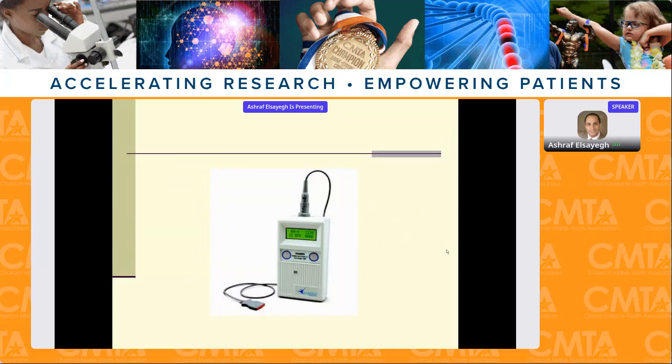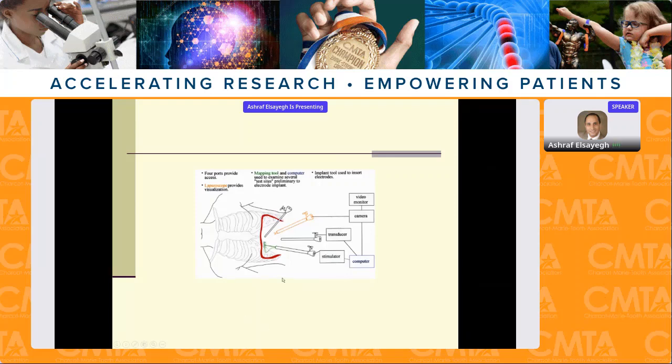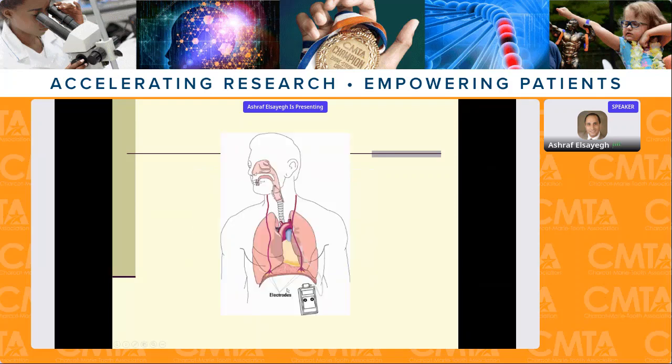This is what it looks like, and I'm going to fly through these slides just for sake of time. Basically, it's an external device that has this little thing here that hooks on to the patient.